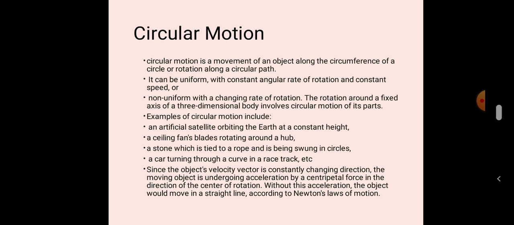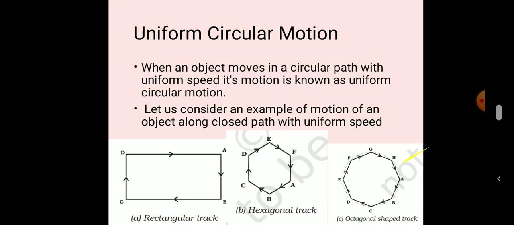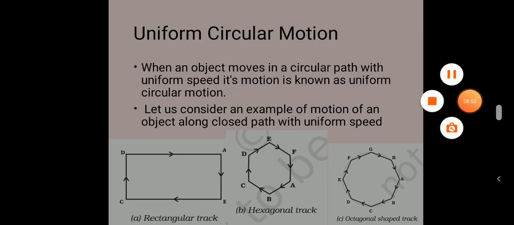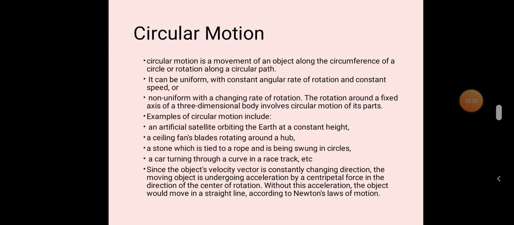Hence, the velocity can't be constant. The object is moving continuously in a circular path because of the acceleration and the velocity, as acceleration and velocity both are perpendicular to each other.